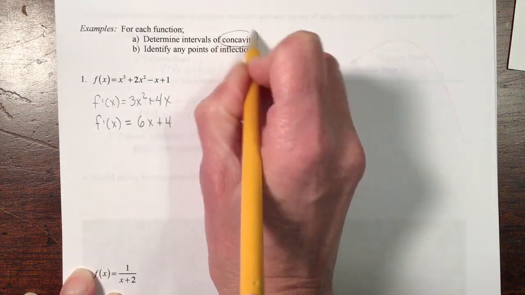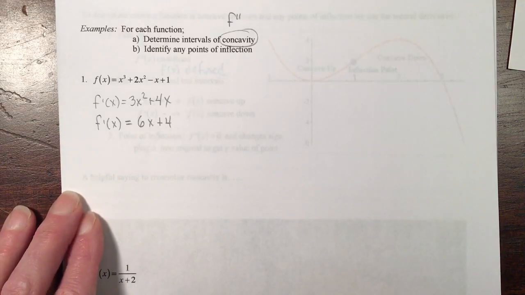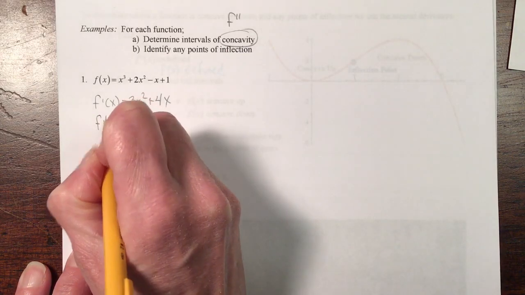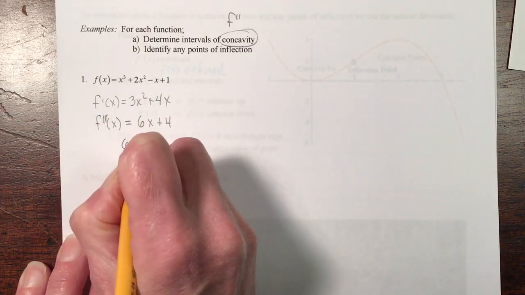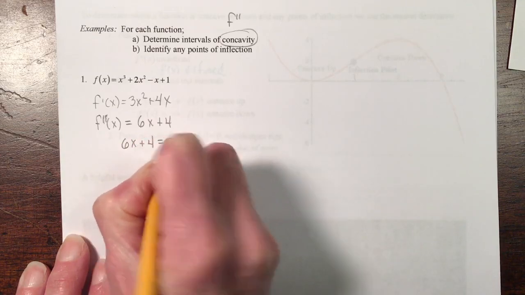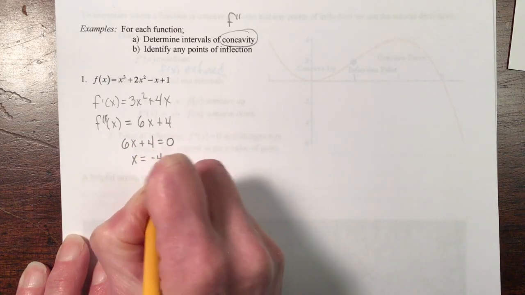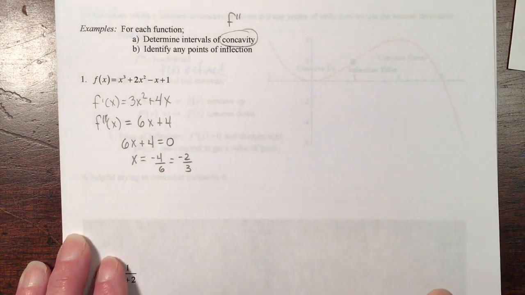Remember, I'm looking to identify concavity, so I will be using the second derivative. First step, I want to set my second derivative equal to 0. And when I do that, I get x equals -4/6 or -2/3.